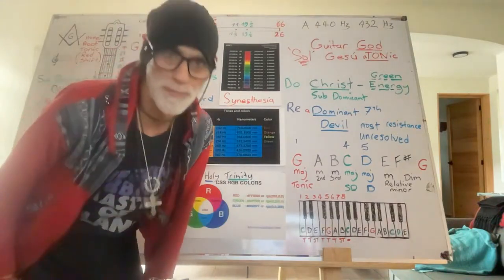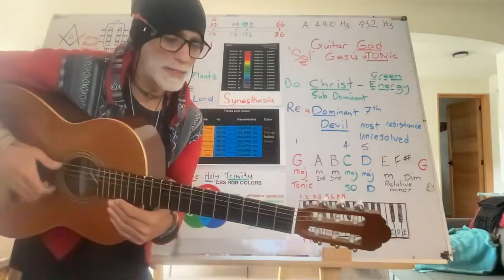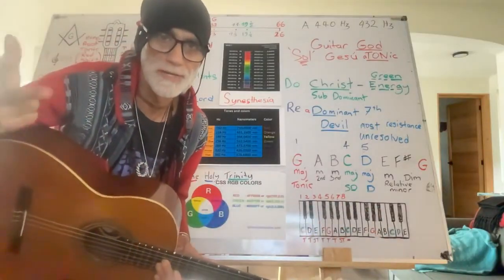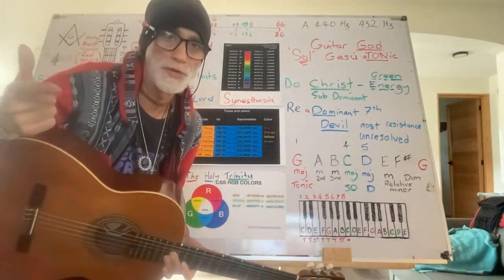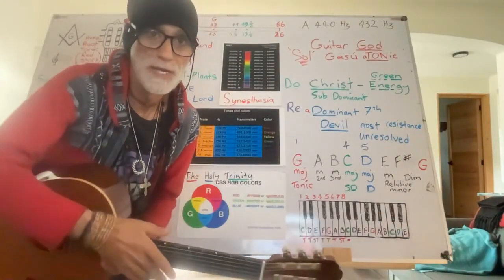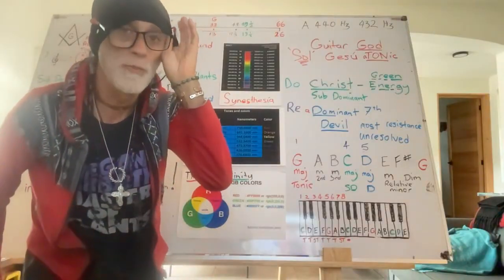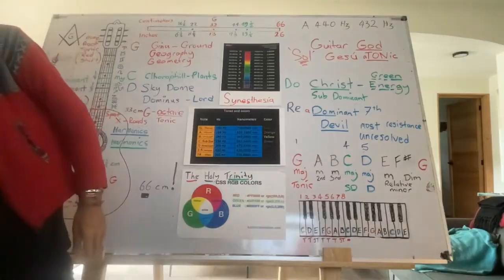We're going to be using the pentatonic scale, but most importantly, we're going to be using the tonic, the dominant, and the subdominant, or in other words, the first, the fourth, and the fifth, which 99% of all songs ever written, which I'll prove, have been written in those three chords.